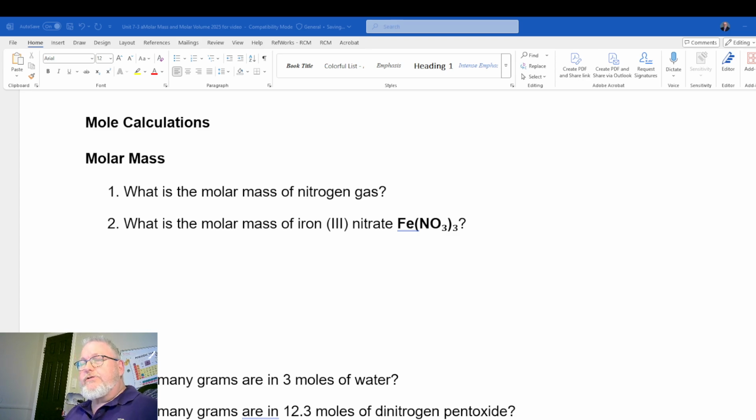Let's start talking about molar mass. What does it mean? Well, again, it's a mass that we can measure. It's not in AMUs, it's in grams.